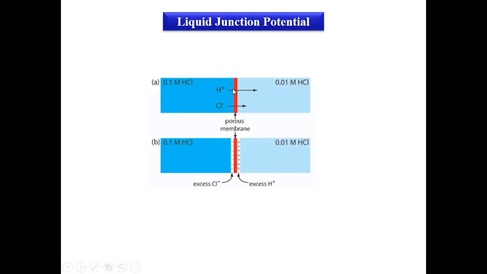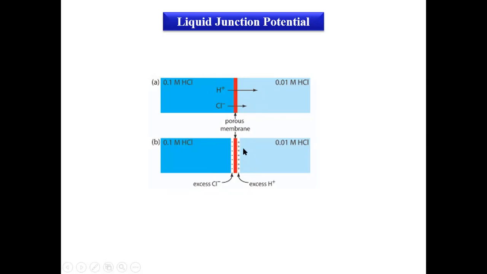So now HCl will move towards this dilute solution overall, both H ion and Cl negative ion, but mobility of H ion is larger. So in a given time, more of the H ions will move to the right side, and that will make this dilute solution positively charged near the boundary of this porous membrane, and the higher concentrated part will bear an equally negative charge due to excess of chloride ion present.